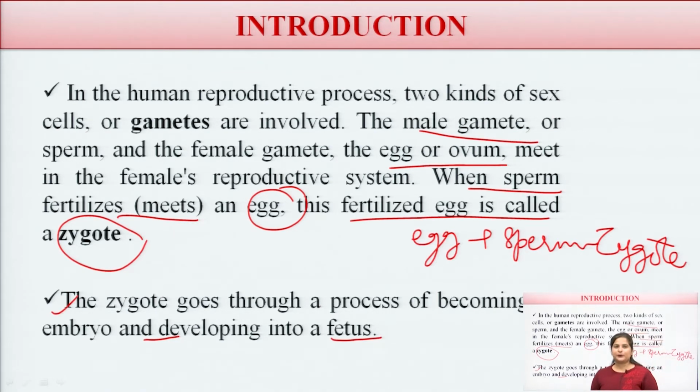After the formation of the zygote, there are further cell divisions. With the help of these cell divisions they form the embryo, and this embryo is again developed through various steps to form the fetus.